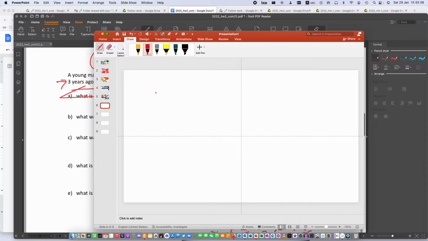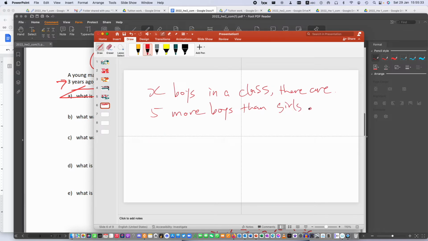So x boys in a class. There are 5 more boys than girls. Two boys left while 3 girls join.